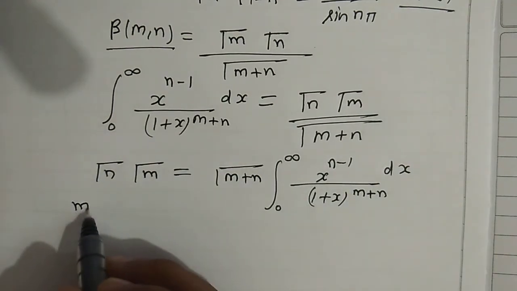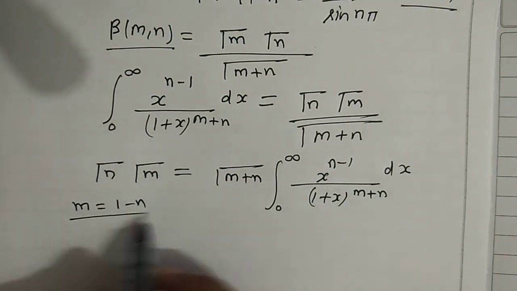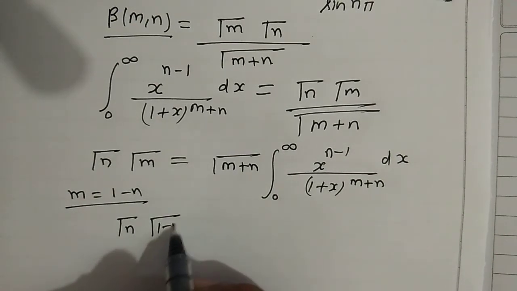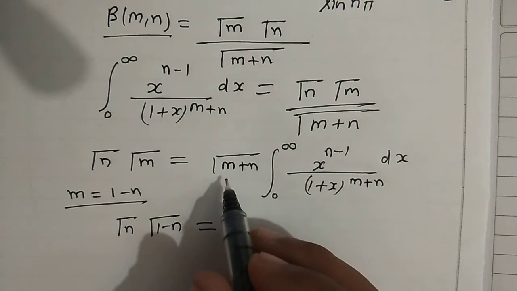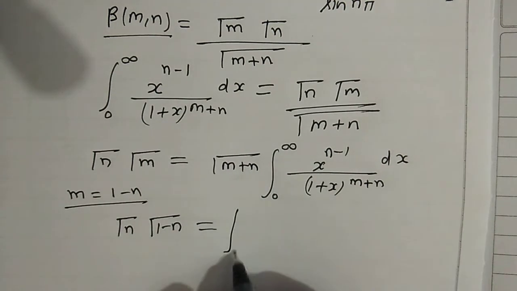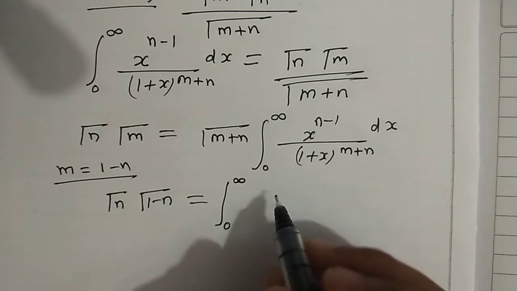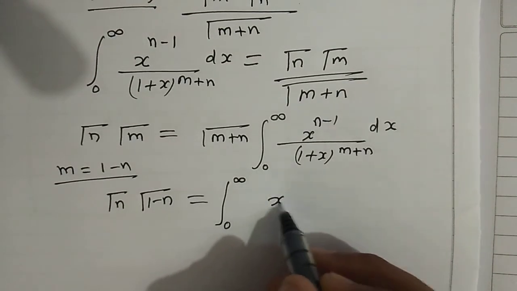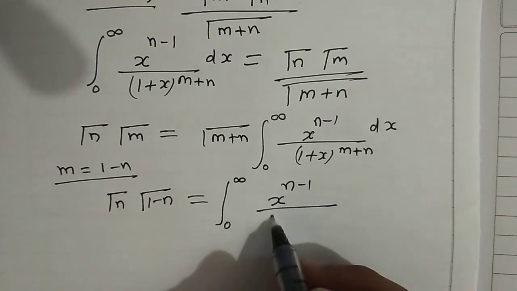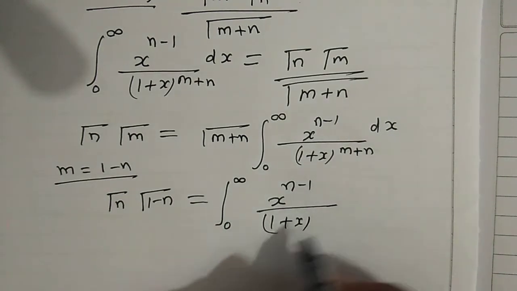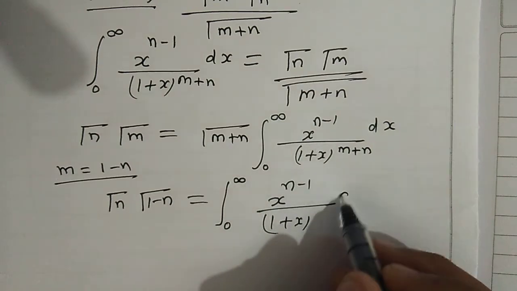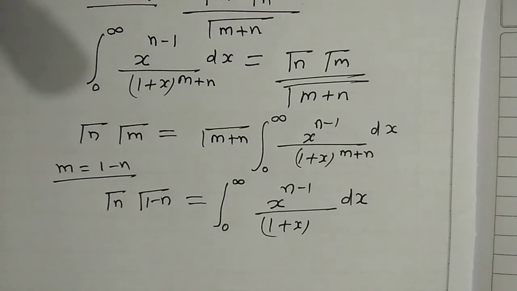Now if m equals 1 minus n, we have m plus n equal to 1. So gamma 1 equals 1, and we get the integral from 0 to infinity of x power n minus 1 divided by 1 plus x, dx, since the powers cancel.